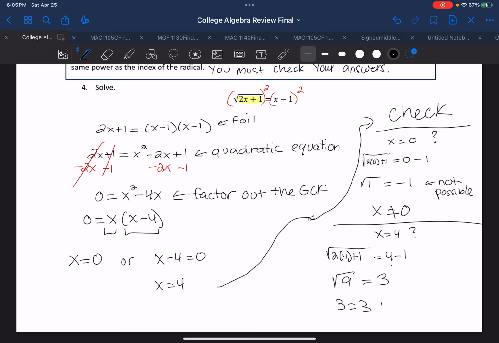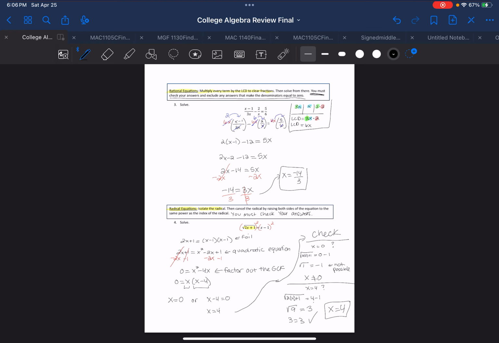So this one is true, so therefore the only solution is x equals 4. So you need to make sure you check your solutions for radicals because they have restrictions.